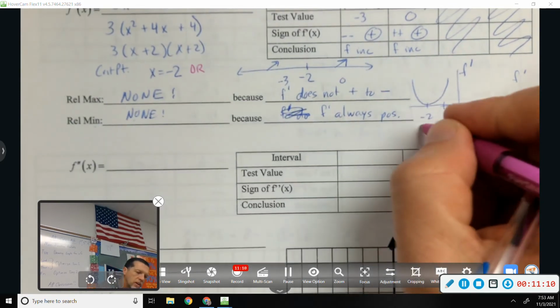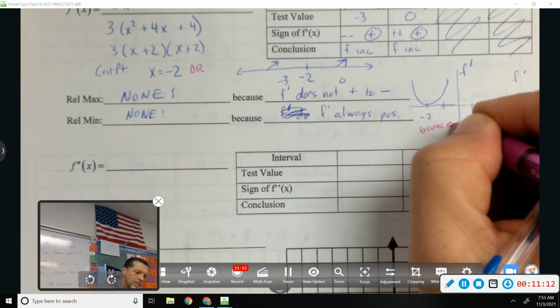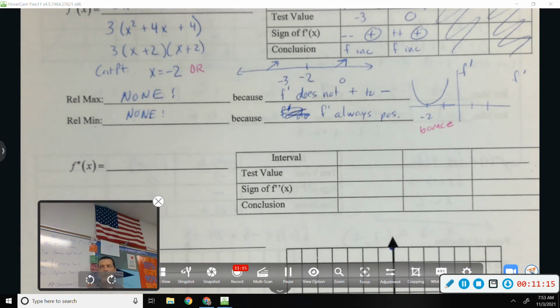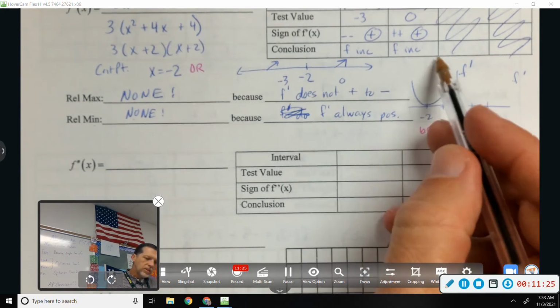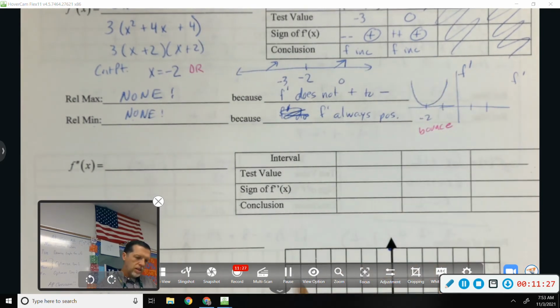So there's our, again, making sense of the bounce. There's a bounce, but the bounce is on f prime, not necessarily on f. So we're always increasing. So we didn't get any maxes or mins out of that. It's helpful to know what the graph looks like, but it wasn't helpful in terms of finding a point.